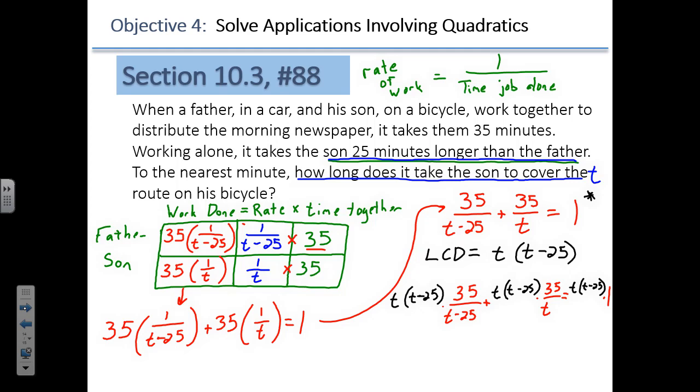I barely fit it on the screen there. That's going to do all of our canceling. So in our first term, the t minus 25's cancel, the middle term, our t's cancel, and in the last term, the right side, nothing cancels.